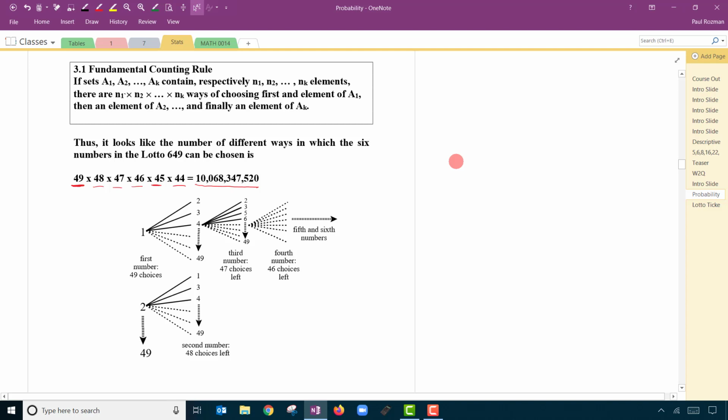I started to try to draw it out just to get a feel for the thing. Suppose I drew a 1 for my first number, and then I drew a 4 for my second number. And then I drew, say, a 6 for my next number. Well, maybe I should draw a 2 for my next number.